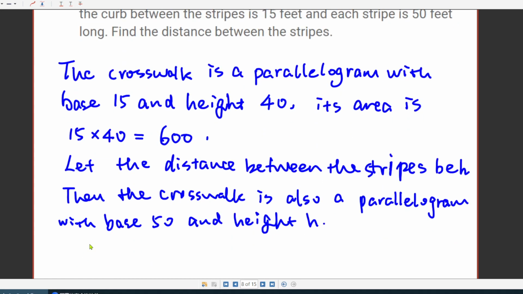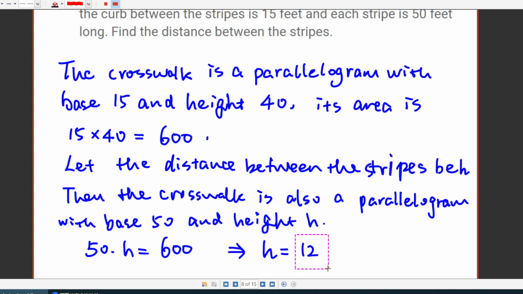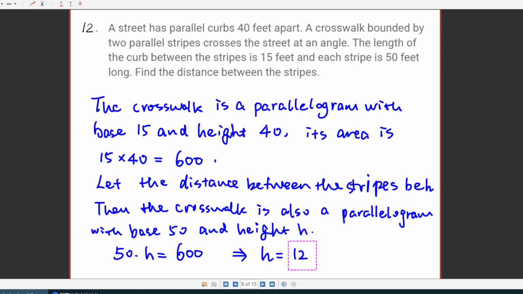And therefore we know 50 times h should also equal 600, right? And this gives us h equals 12, which is the desired length in this question. And because it's a simple question, you don't have to draw the diagram, right?